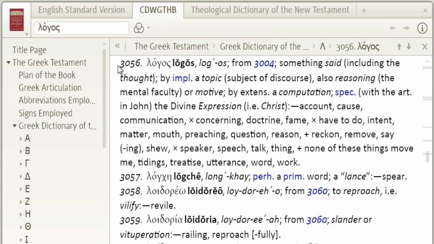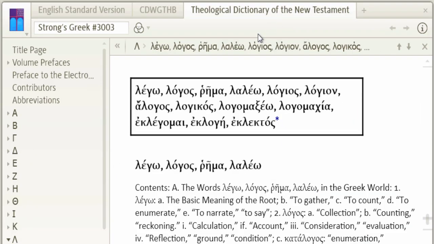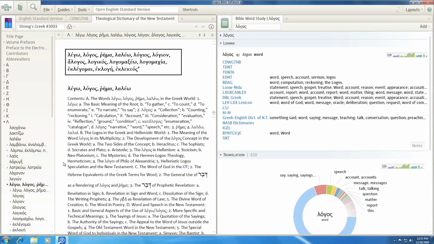The article ranges from here to here, and in TDNT, this whole article here is actually just a table of contents for the entire article, which spans pages and pages. This dictionary is organized like Strong's in terms of it's organized alphabetically, but you're going to see that it has far more information than Strong's does.